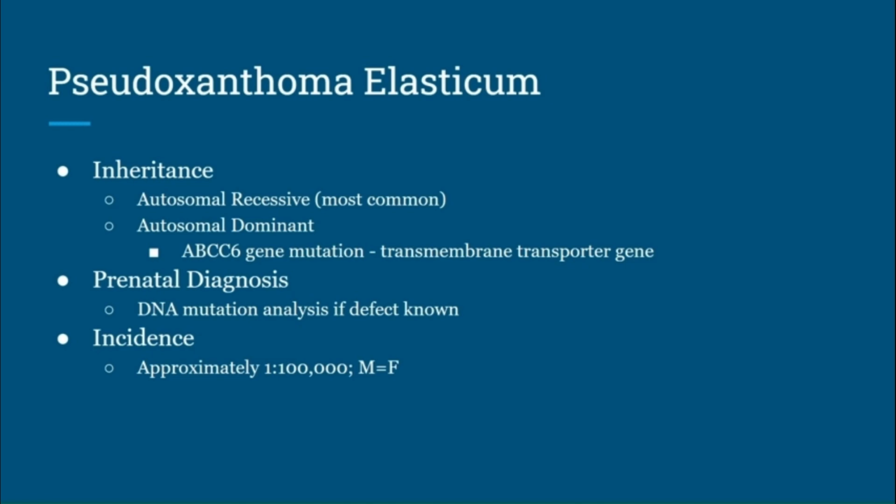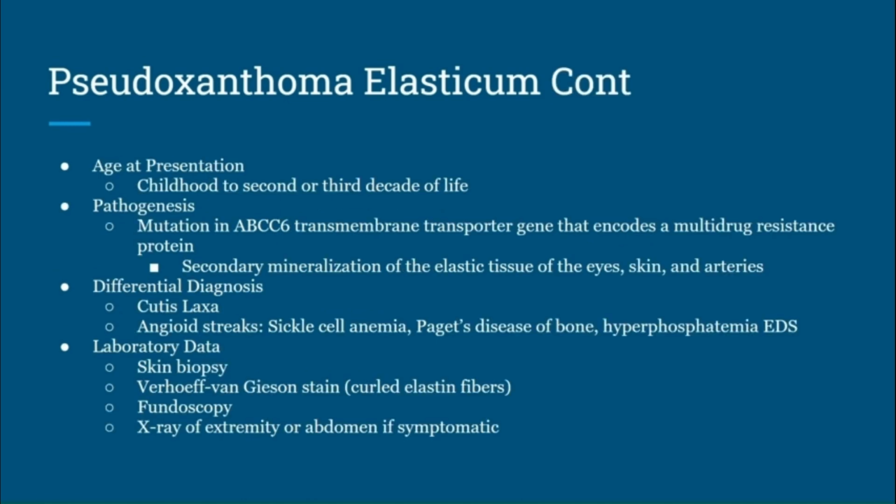PXE. This is often an autosomal recessive disorder, but can be autosomal dominant as well. The gene mutation is in the ABCC6 gene, and that is a transmembrane transporter gene, an ABC transporter gene. A DNA mutation analysis, if the defect's unknown, can help you find this out, and this is a pretty rare disorder. Usually you start to see this in your childhood, but you can also see it present in your second, third decade of life.